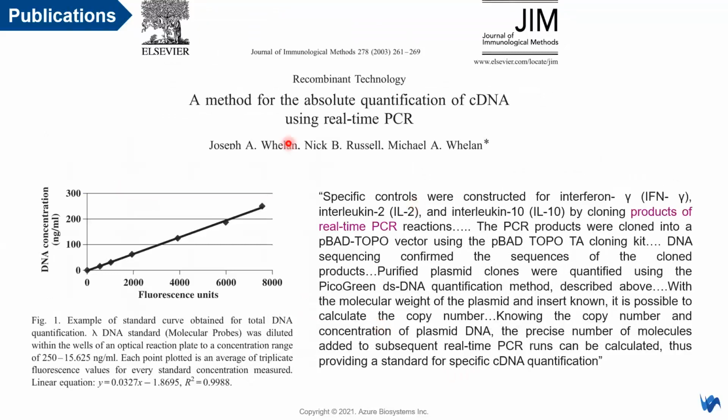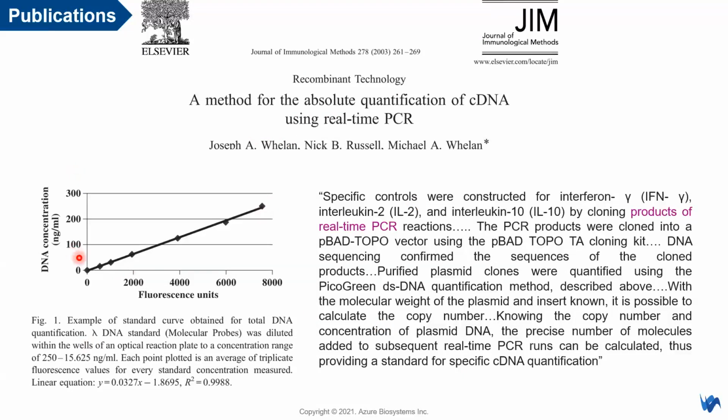This is a very old paper, which explains a method for absolute quantification of cDNA using real-time PCR. Here you can see they generated a standard curve for the total DNA quantification. They're using lambda DNA as a standard. This is a commercially available standard, and they use it in serial dilution to generate the standard curve.